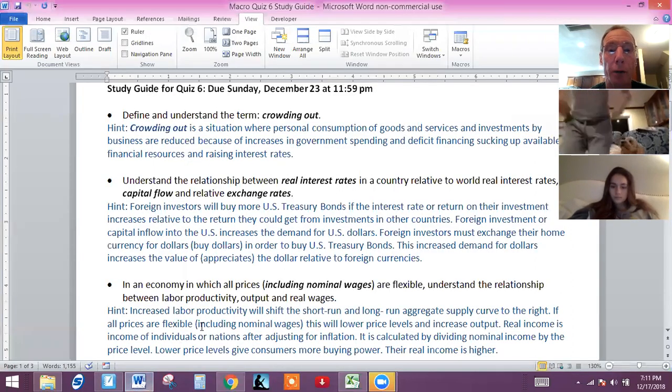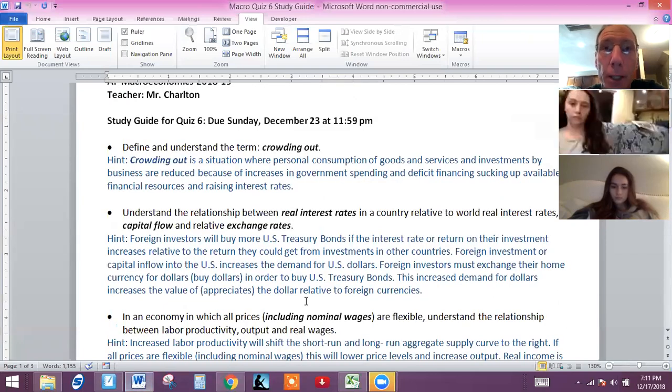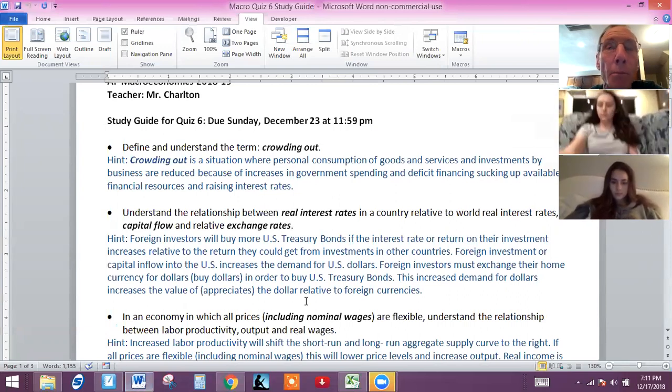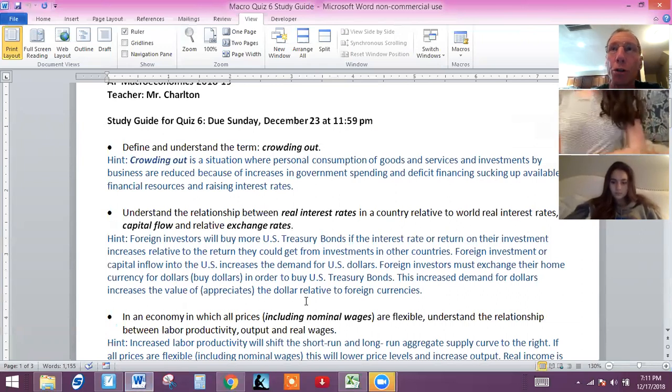One, you want the interest rates low, and that's domestic investment, because it means renting money to invest in something you want to do with your company is less expensive.